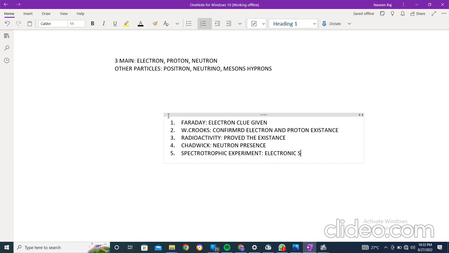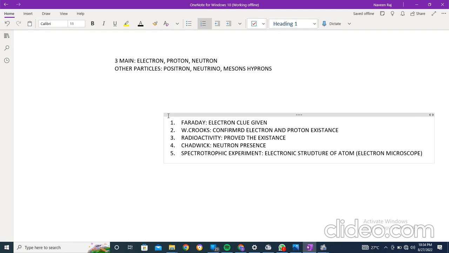So we are looking into the electronic structure of the atom. For example, we have the electron microscope, which is due to the spectroscopic experiment. That means the electron microscope has huge power, and with the help of that we have discovered subparticles and all that.